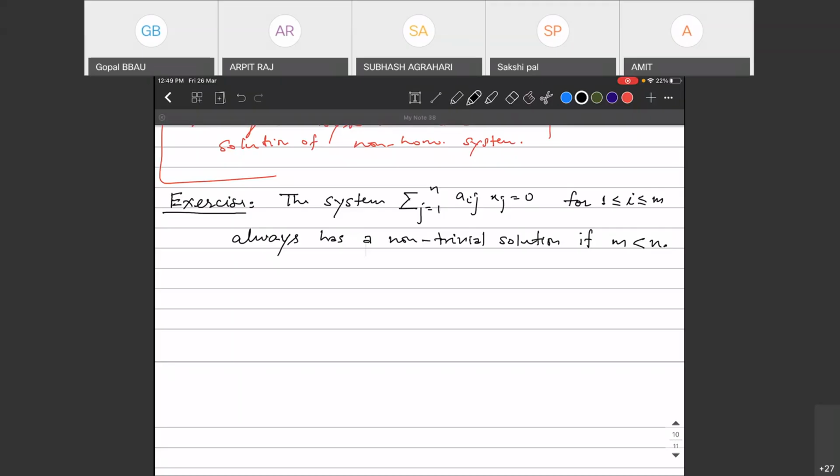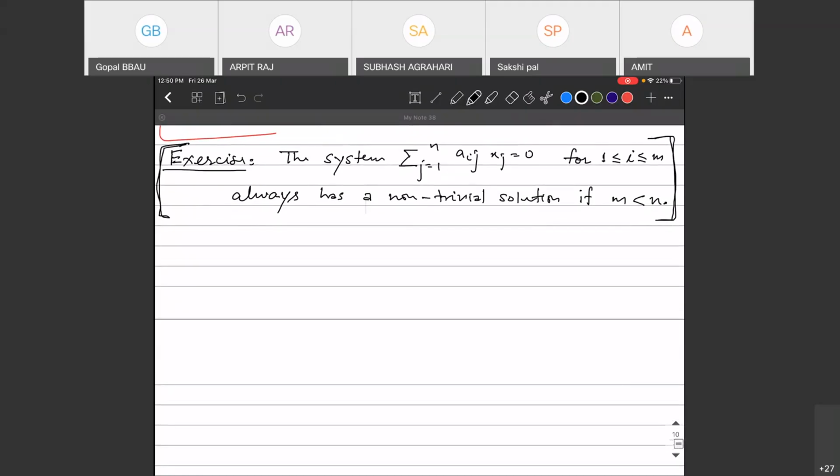This is an exercise, and it is a very interesting result that you should know. Try to prove this.